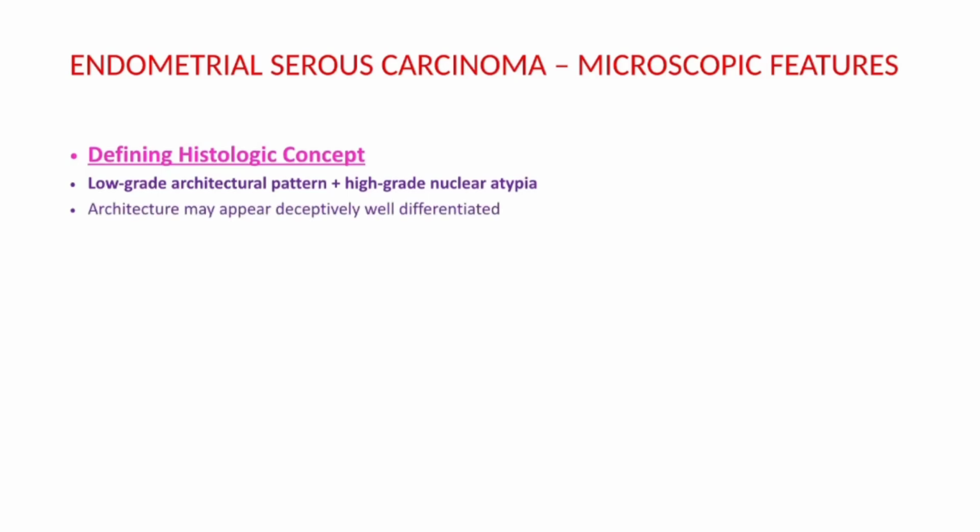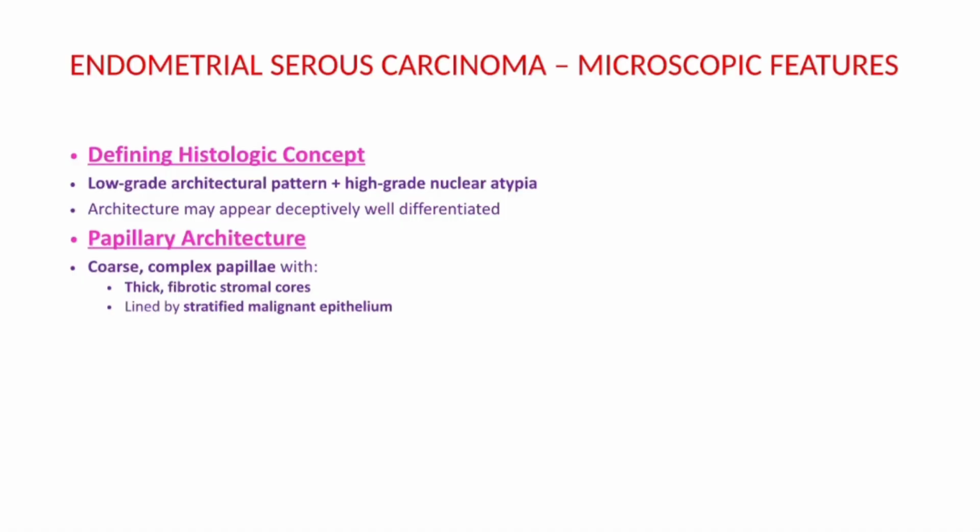Now microscopic features: it is defined by a low grade architectural pattern but high-grade nuclear atypia. It is the defining feature, and architecture may appear deceptively well differentiated. Now, the main component is papillary architecture. Most commonly, they present with coarse complex papillae with thick fibrotic stromal core, lined by stratified malignant epithelium.